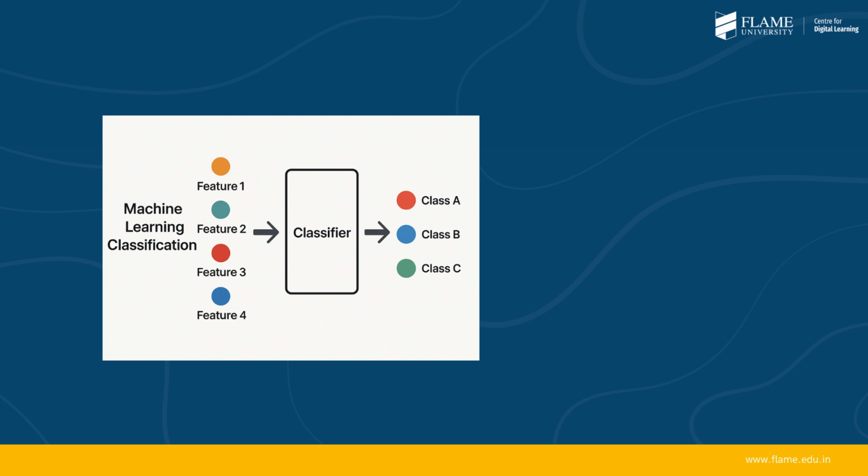Now, in this picture, a simple representation of a classification problem is presented, where you have 4 features available and 3 classes, or 3 categories, for your output.